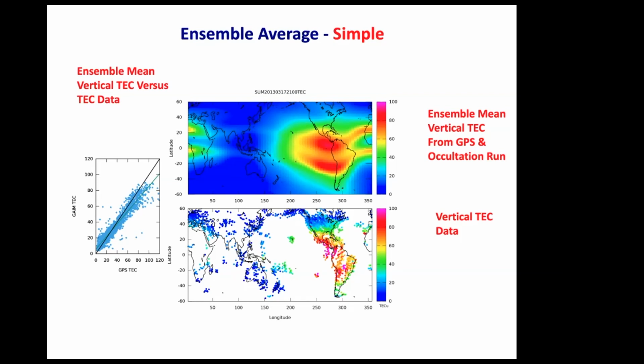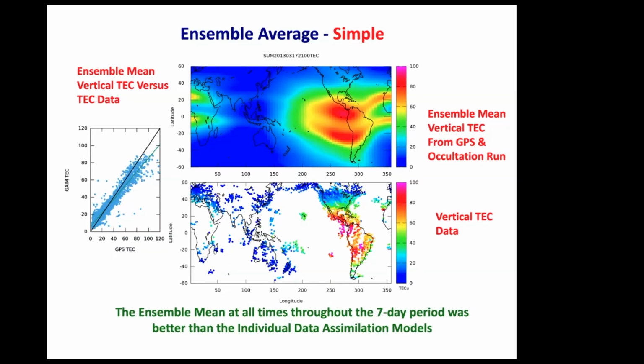However, the ensemble mean shows well-defined equatorial ionization anomalies, and they are in good agreement with the measurements. The main conclusion of this study is that the ensemble mean at all times throughout the 7-day period was better than the individual data assimilation models.